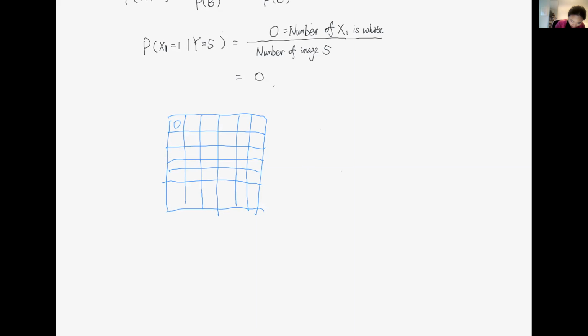So it's going to be 0, 1, 0. Let's say 1, 1, 1, 1. All the others are 0. And this is my first one, this is my second one, third one, fourth one, fifth one, sixth one, 7.